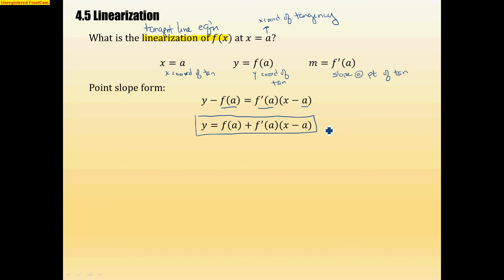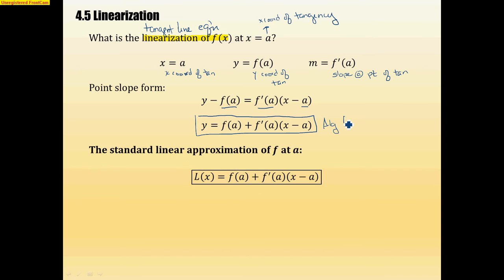It's really just algebra 1. And in books, the standard linear approximation is just point slope form, where they replace y with L of x for the linearization, or the linear approximator, as long as you are close to the point of tangency.